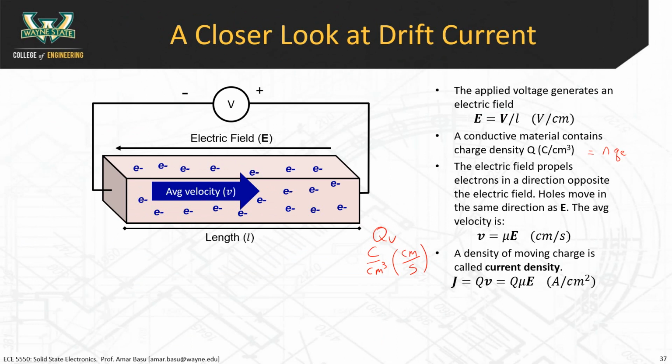So what do we get here? Coulombs per centimeter squared per second.